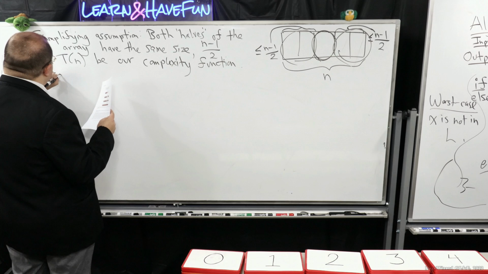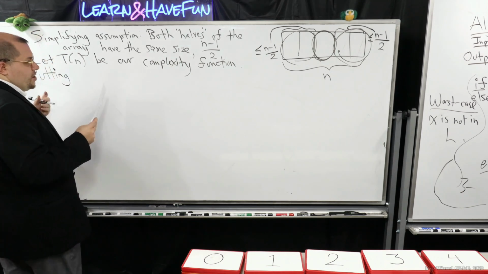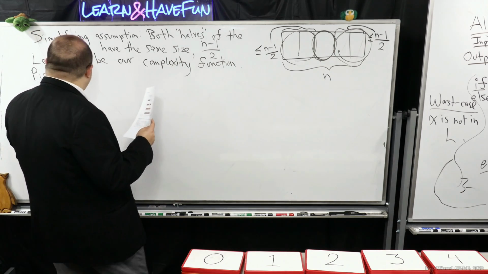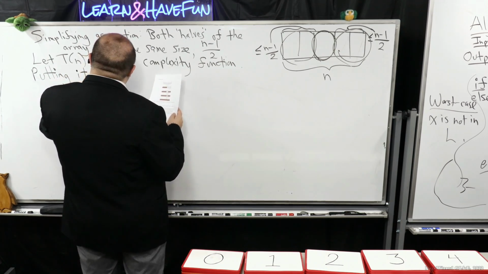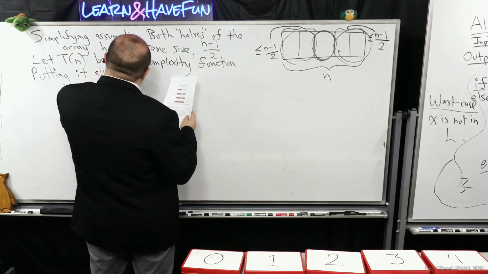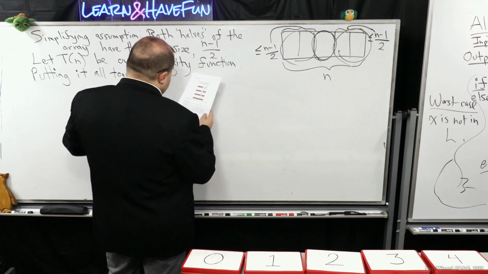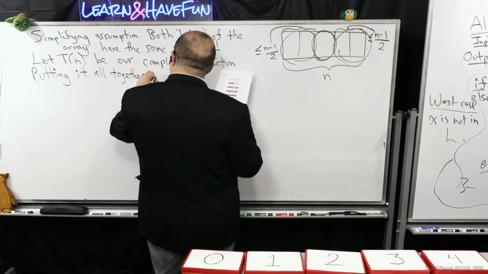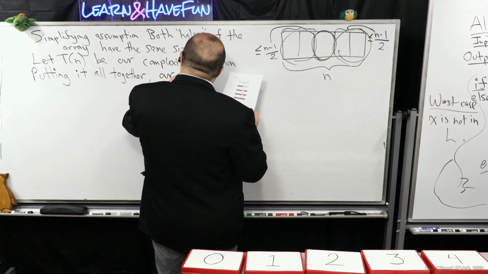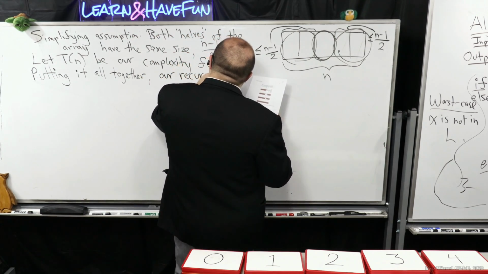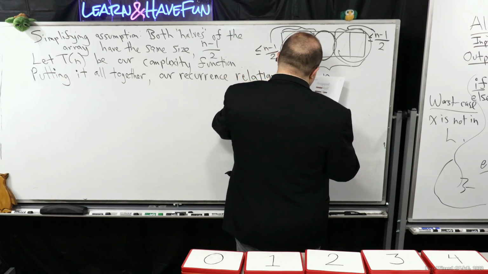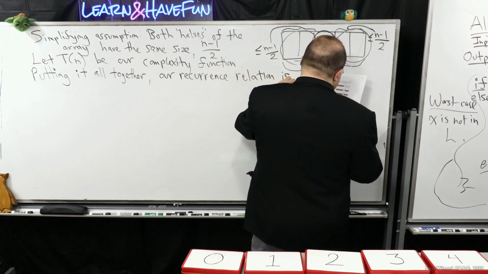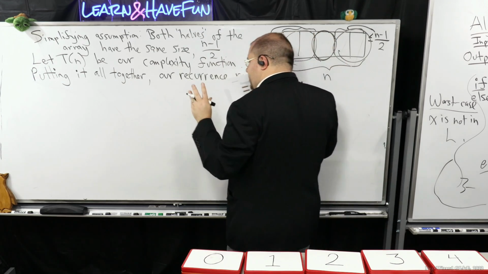Some of it I did not write here on the board, so I encourage you to fill in those details, the things we've talked about. So putting it all together, our recurrence relation is as follows. We're going to formulate a recurrence relation.